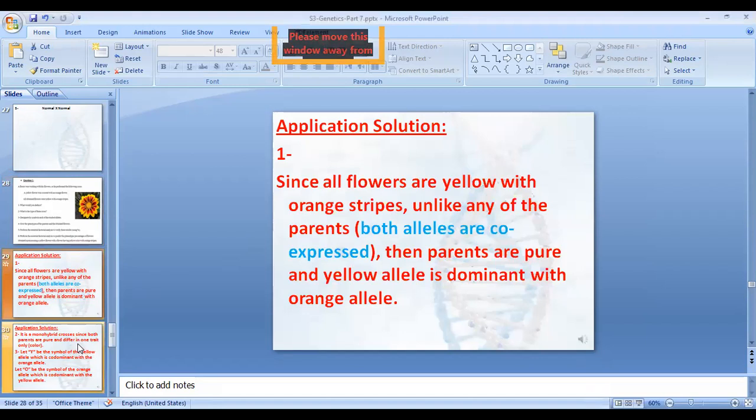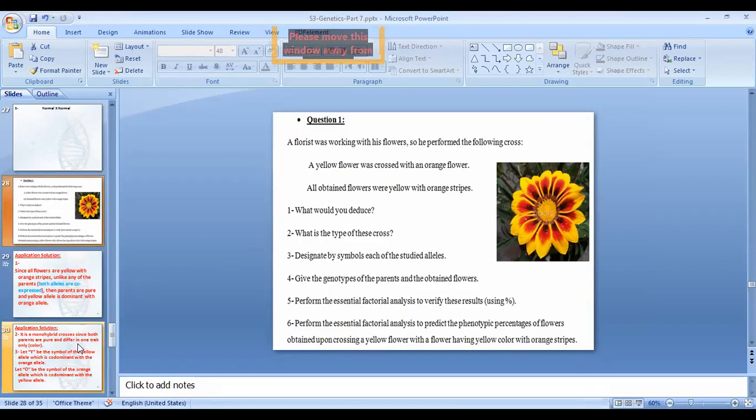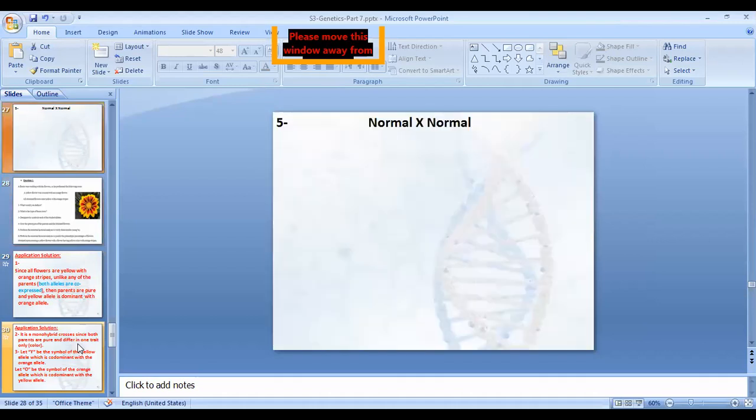So moving on, before moving, we have to perform the Punnett square analysis to verify the results using percentage, and predict the percentage of flowers obtained upon crossing the yellow flower with the flower having yellow color with orange stripes. So here, let's continue with this.